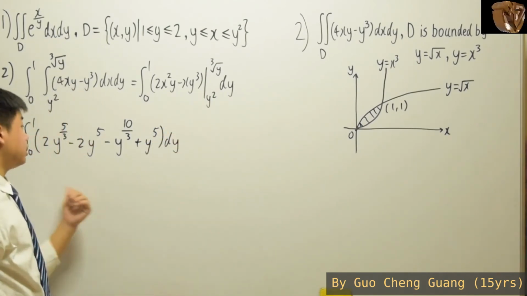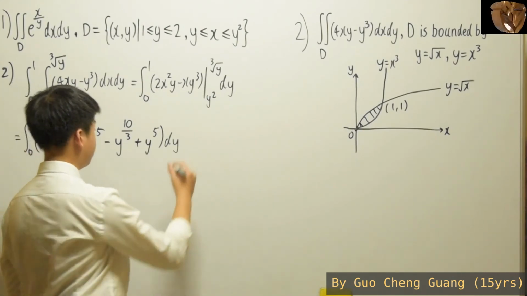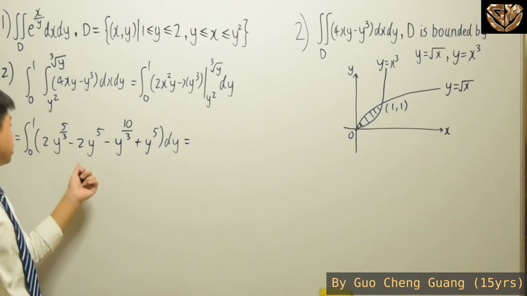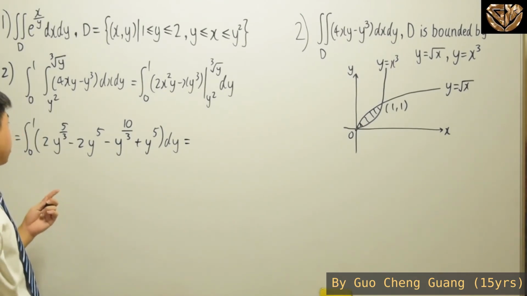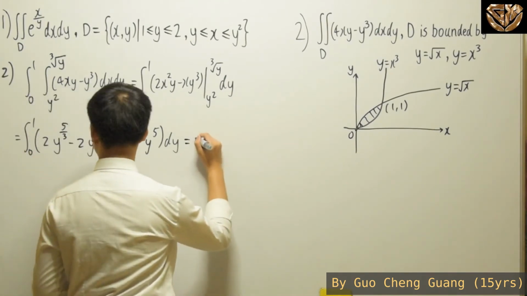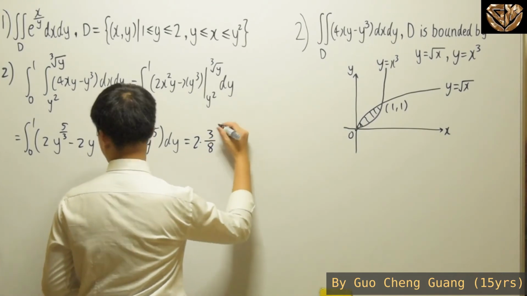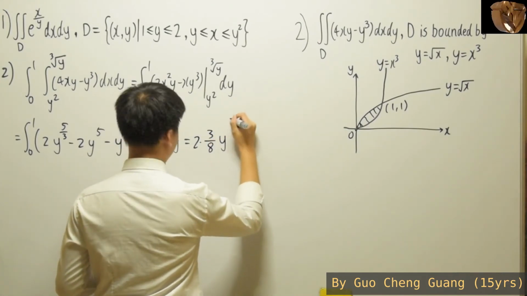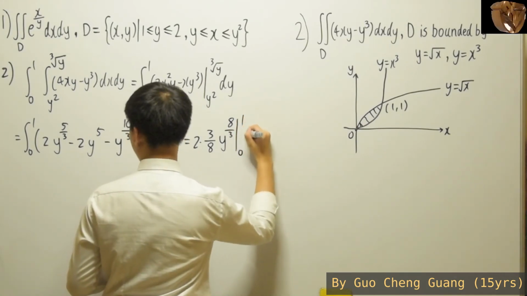Right, so these will be the kind of integration you'll be seeing. Well, of course, you can also simplify these two to make just a minus y to the power of 5. And next, since you need to integrate them, so 2 multiplied by 3 over 8, y to the power of 8 over 3, substitute in 0 and 1.